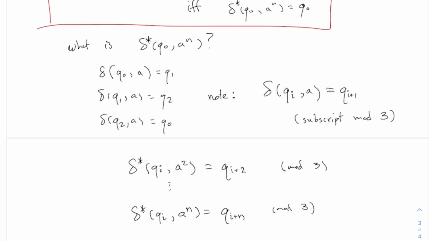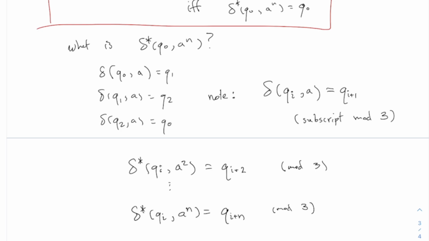This is true. Although, technically speaking, if you really want to do this proof in full detail, you have to prove that step by induction, where this right here is the base case. If you only do it once, you get this formula. If you do it n times, you get this formula. I don't really want to go into the details of the proof by induction, but it is lurking underneath.